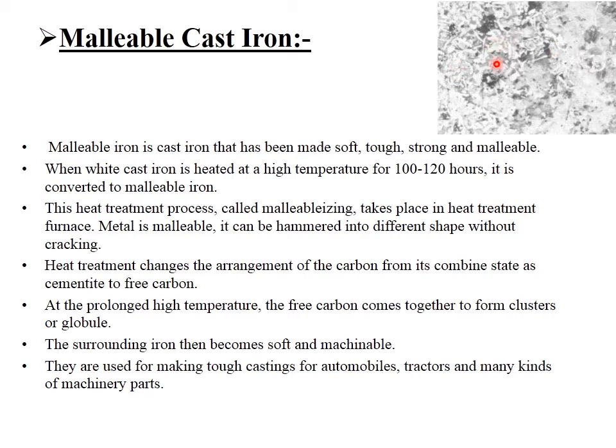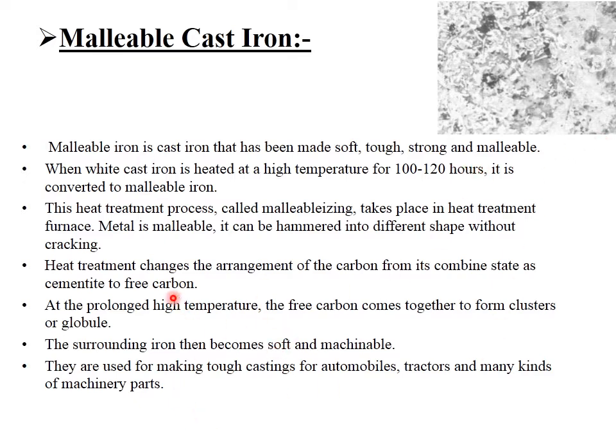You can see here a number of free carbons in the microstructure. When you heat the white cast iron, the combined state of carbon becomes free, and more free carbons agglomerate or form a cluster, and they form this kind of appearance. You can see it in this microstructure.